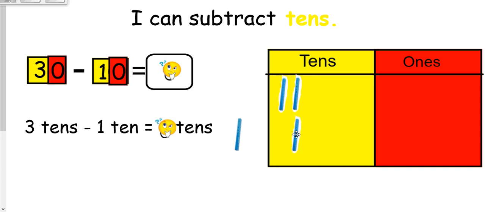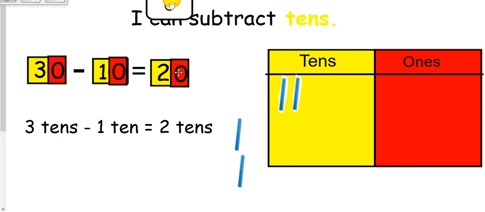Let's take away 1 10. How many tens are left? 2 tens. 3 tens minus 1 10 equals 2 tens. What are 2 tens worth? 10, 20. So 30 minus 10 equals 20.